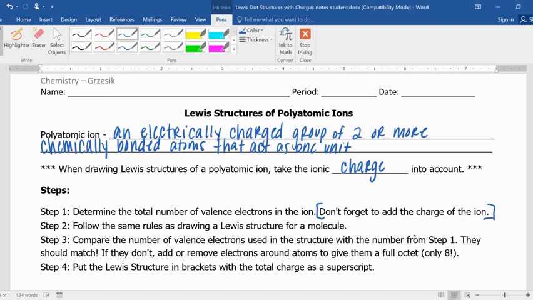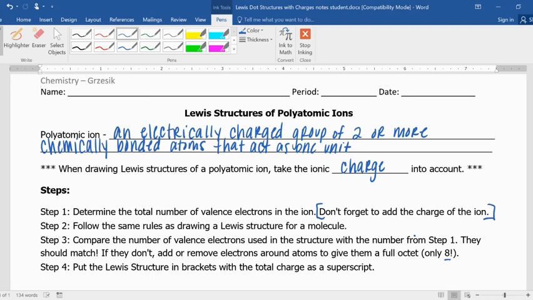We're going to follow the same rules for drawing the molecules that we did before. And then we want to make sure that our total number of valence electrons matches. If they don't, then that's when you can add or remove some electrons in order to give them a full octet. Remember, most things want 8 electrons. The exception would be hydrogen, because it follows the duet rule, so it only needs 2, and also boron and beryllium, which can be electron deficient.